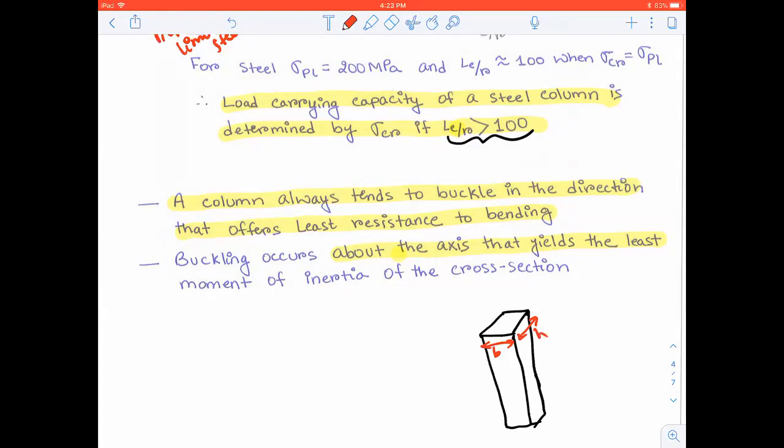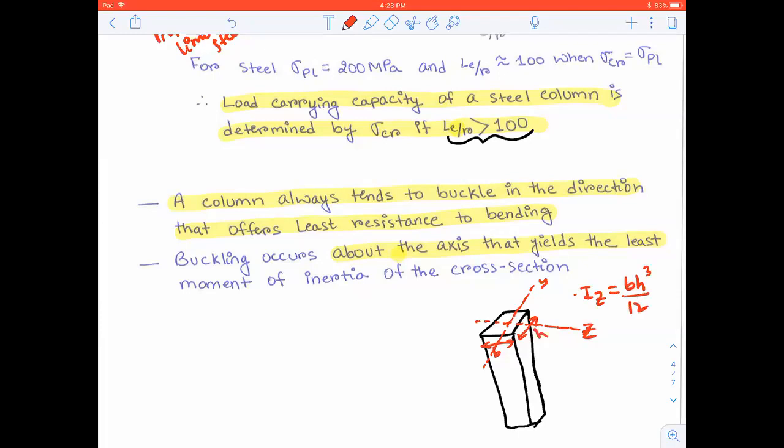So if this is say Z, and say this is Y, for example, and you calculate the moment of inertia about the Z axis, it's going to be B H cubed by 12.